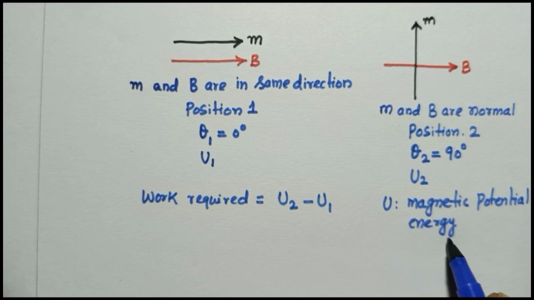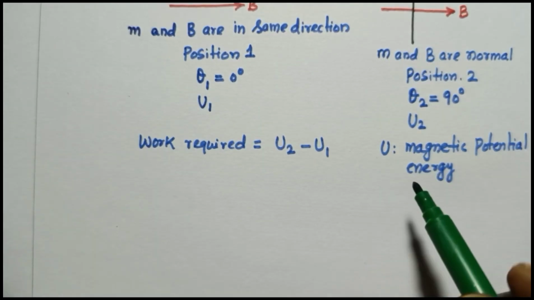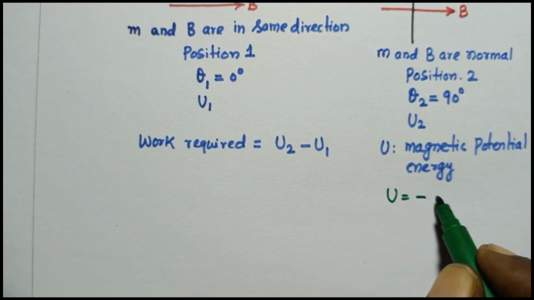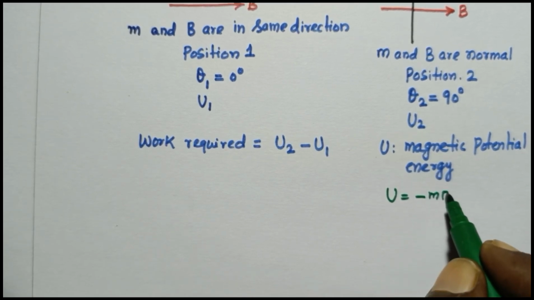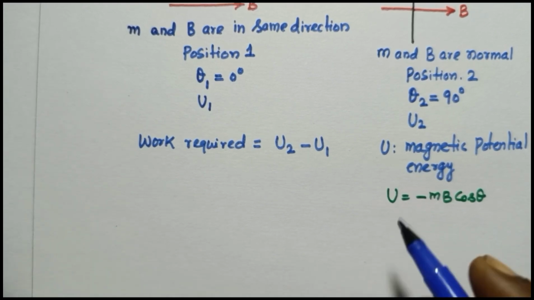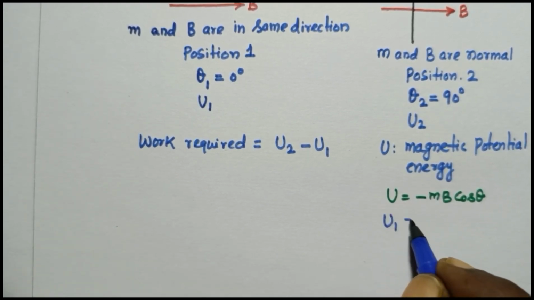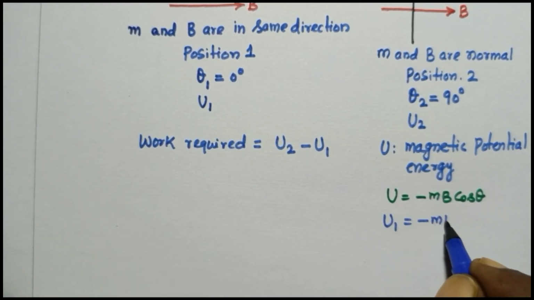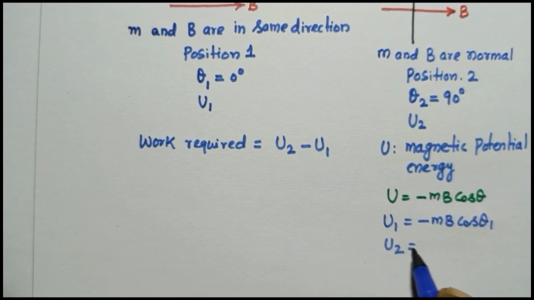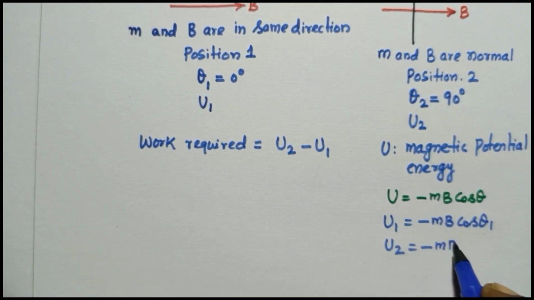U is the magnetic potential energy. The magnetic potential energy is given by U is equal to minus MB cos theta. Therefore, we can write U1 is equal to minus MB cos theta 1 and U2 is equal to minus MB cos theta 2.